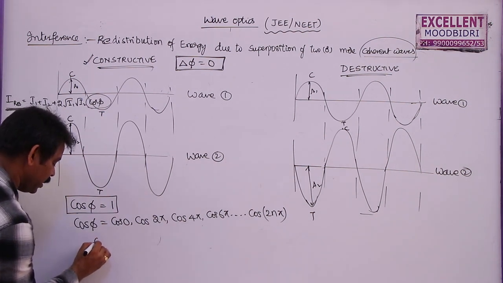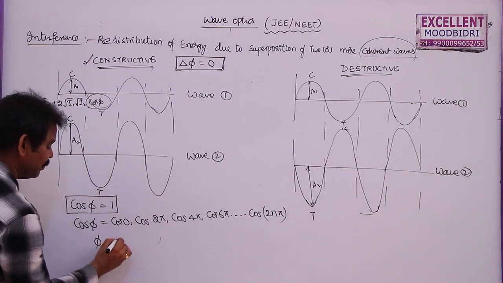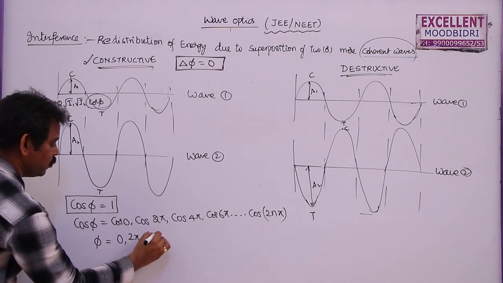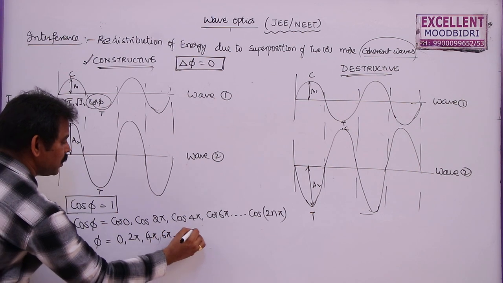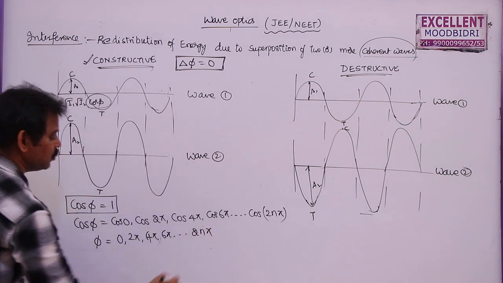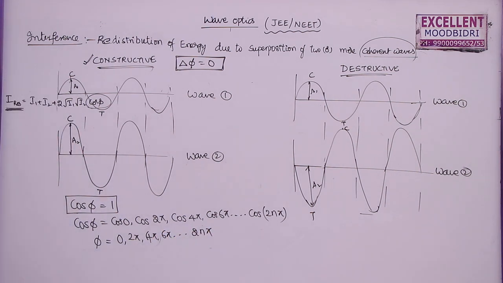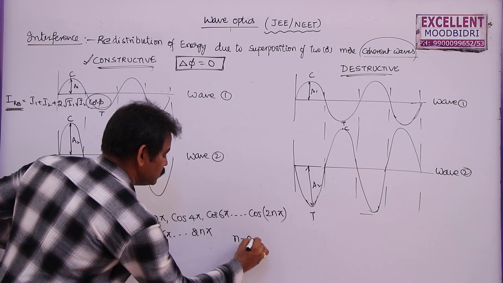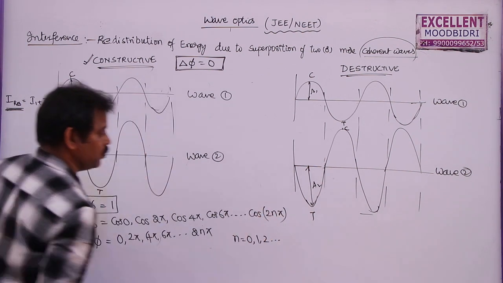So now we can write this phi as 0, 2 pi, 4 pi, 6 pi, and so on, 2n pi. So these are the possibilities here, where n is 0, 1, 2, 3, and so on.